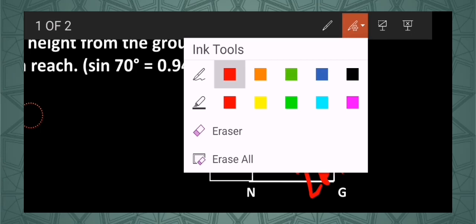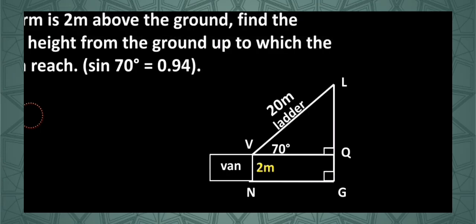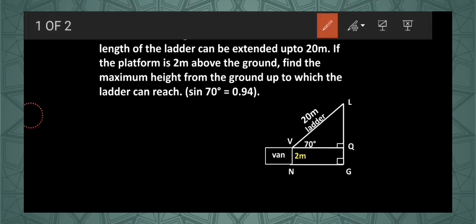As you know the action plan, what we need to do and what not to do. One more thing, in the question we are given sine 70. That means whichever triangle we consider, we have to utilize sine 70, which is opposite upon hypotenuse.